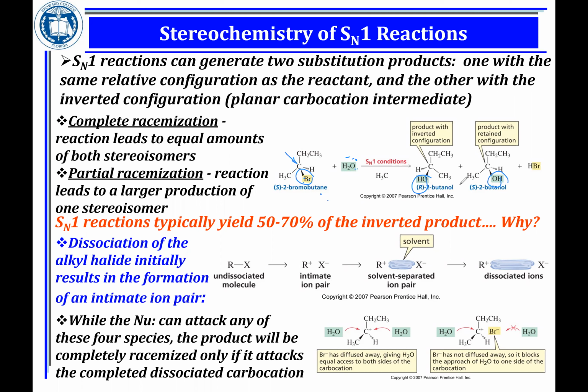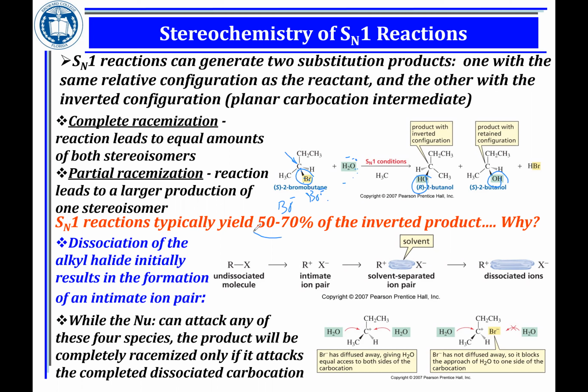The reason for that is that even though the leaving group is gone, it is still in the neighborhood. It doesn't take too much time for the bromine to leave and the H2O to come in. As soon as bromine leaves, the H2O is going to come in, but even though it's not attached, it can still be nearby.